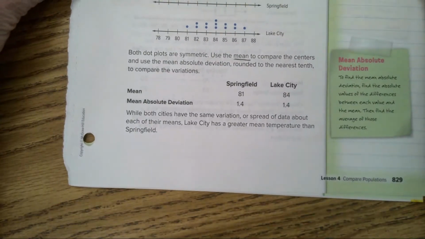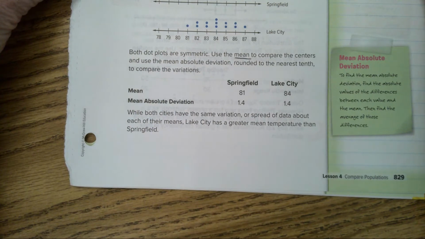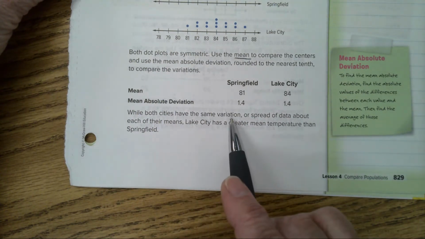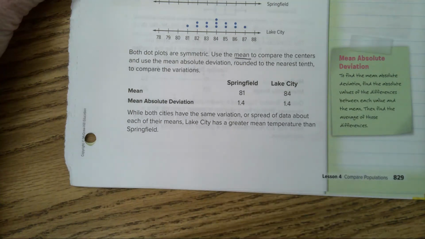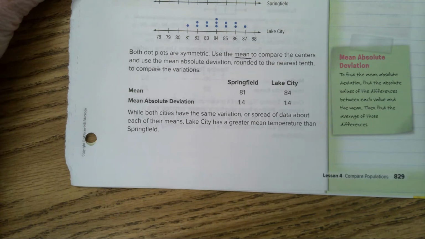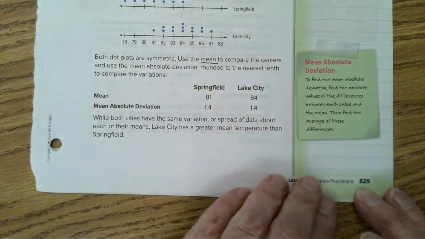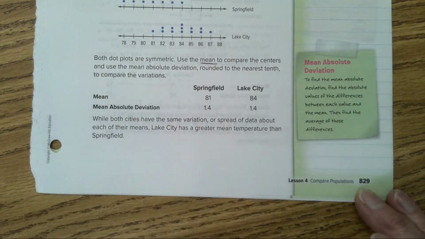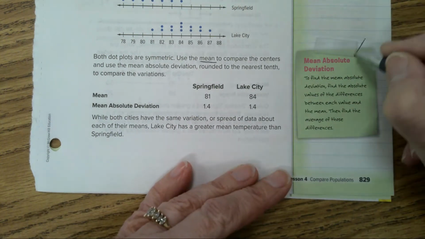All right, so here are the answers. It says both dot plots are symmetric. We'll use the mean. It says while both cities have the same variation or spread of data about each of their means, Lake City has a greater mean temperature than Springfield. Here we go. Mean absolute deviation. It's right here. What is that?